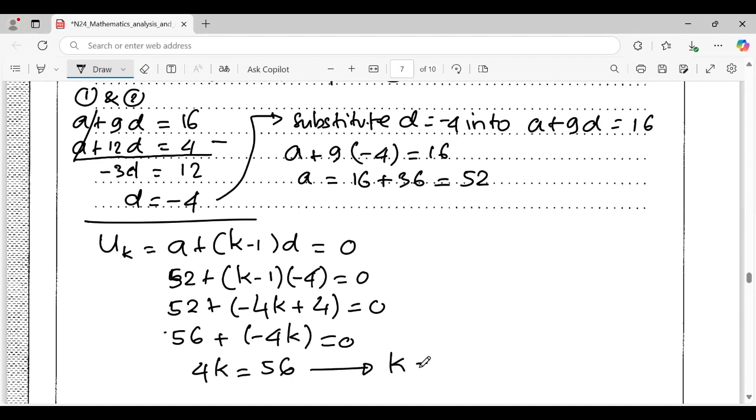So we can determine k equals 56 over 4, which is 14.